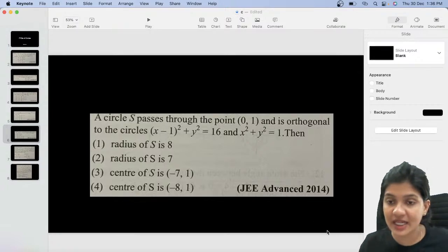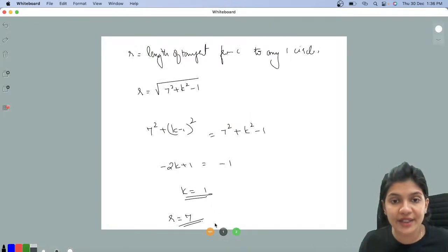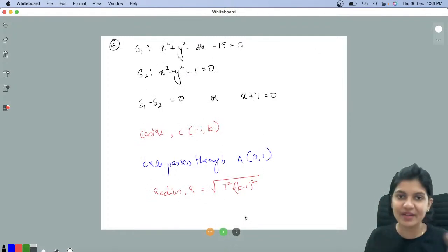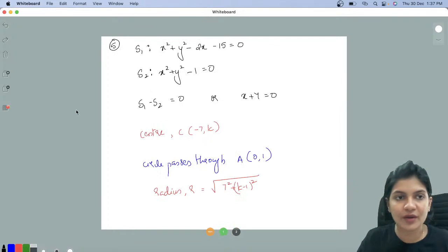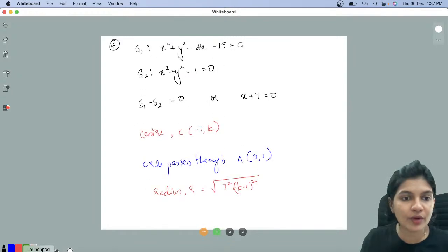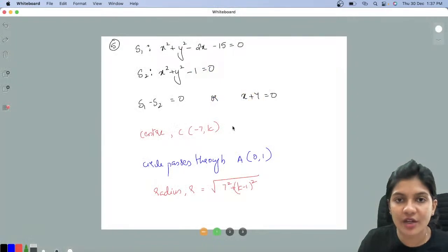What will be the center value? Center will be (−7, 1). The k value is plus 1, right?